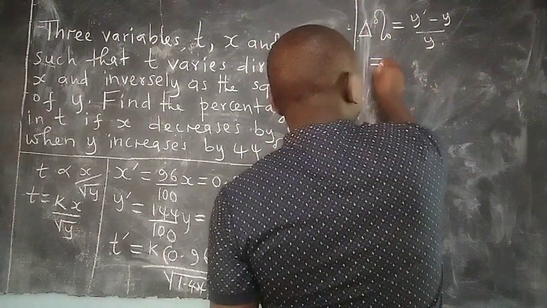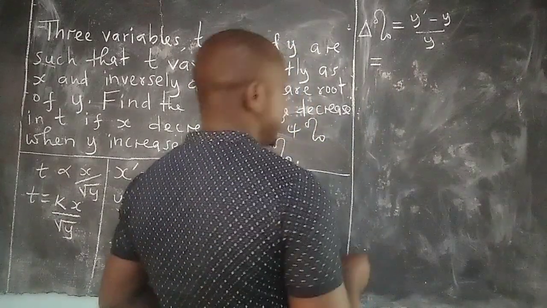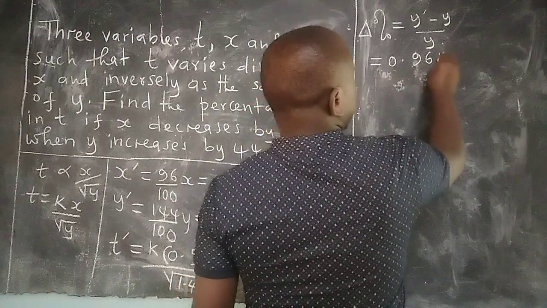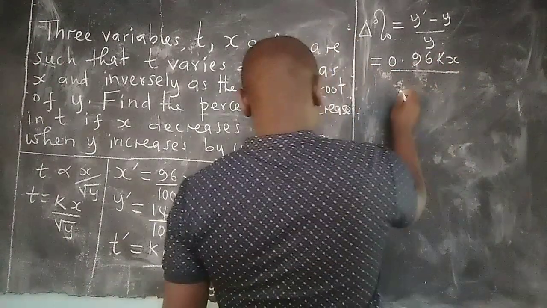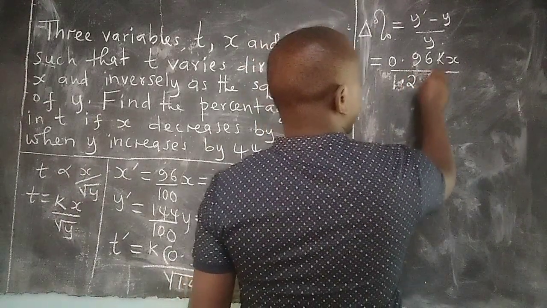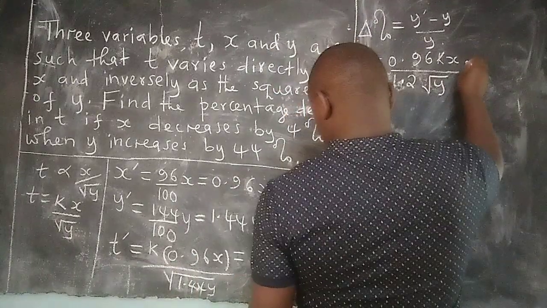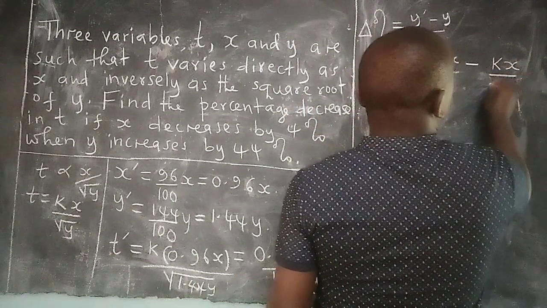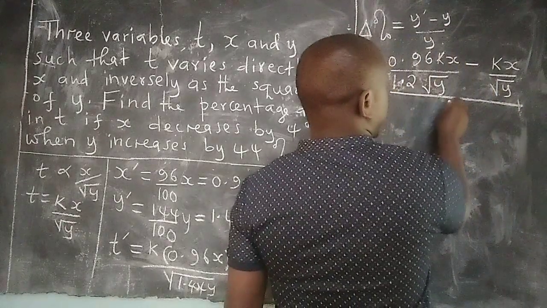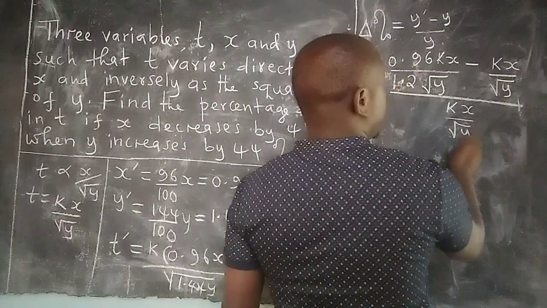Therefore, the new t is going to be 0.96kx out of 1.2 the square root of y, and the original t is kx out of the square root of y.